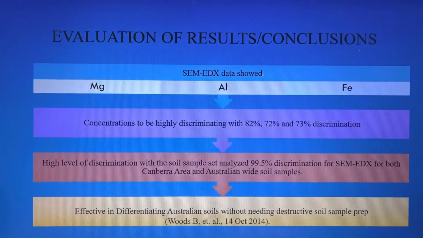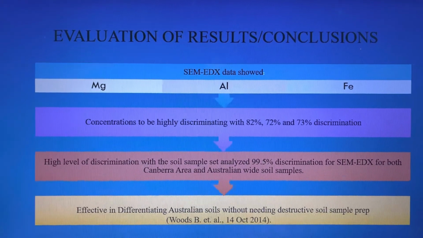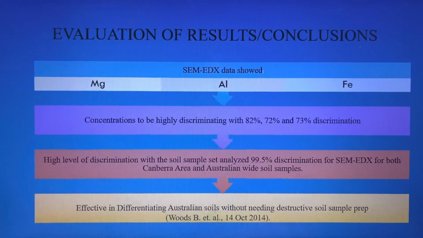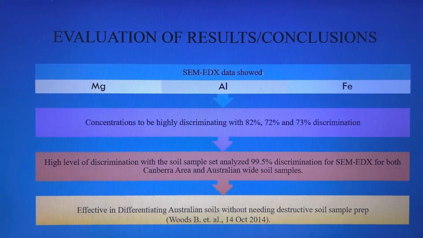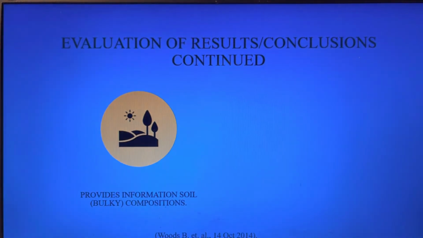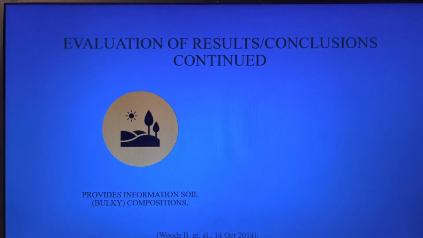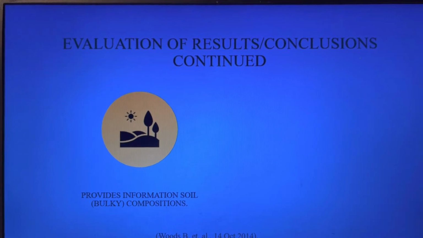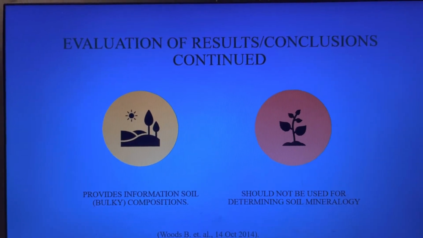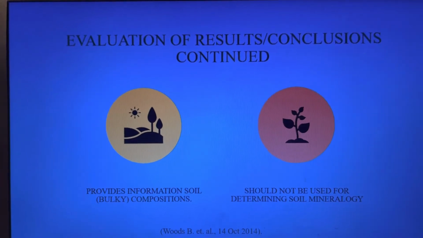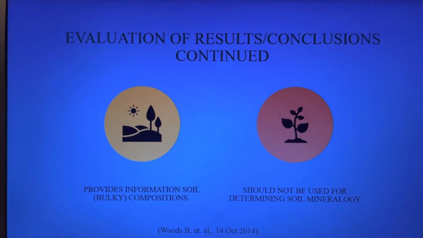So the conclusion was that this analysis was effective in differentiating Australian soils without needing destructive sample preparation. So this also provided information on the bulk soil compositions, and also concluded that it should not be used for determining soil mineralogy.